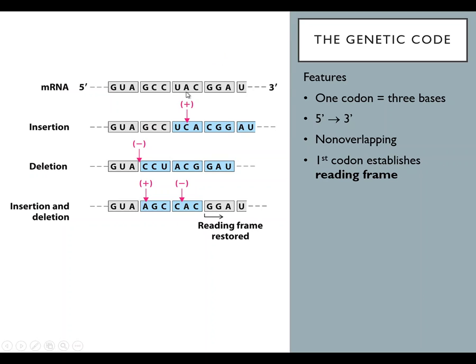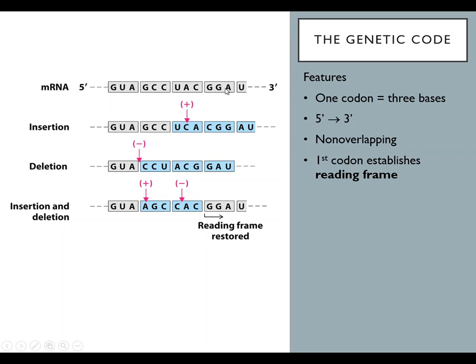So right here, between this U and this C, there's a mutation in which there's a mistake during DNA replication, let's say, and a C gets stuck here between that U and that A. Well, now that codon that used to be UAC is now UCA, but not only is that codon wrong, but all the ones downstream from it, all the ones in the 3' direction.